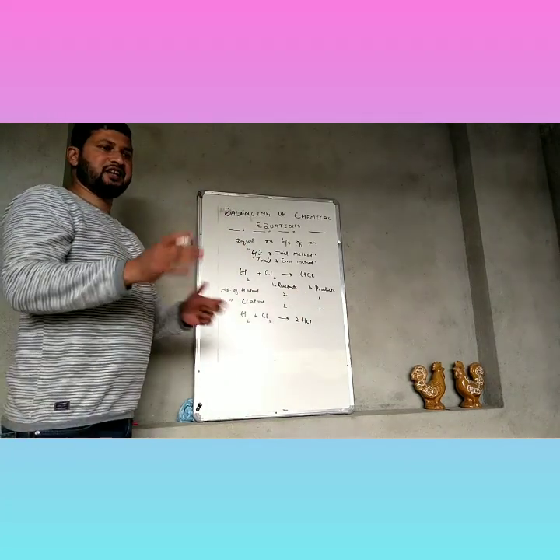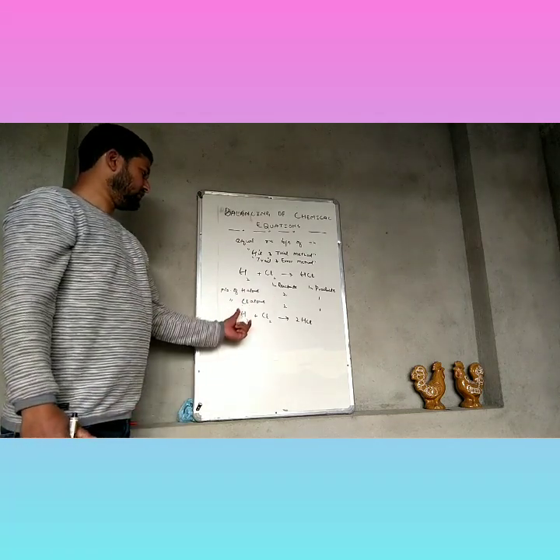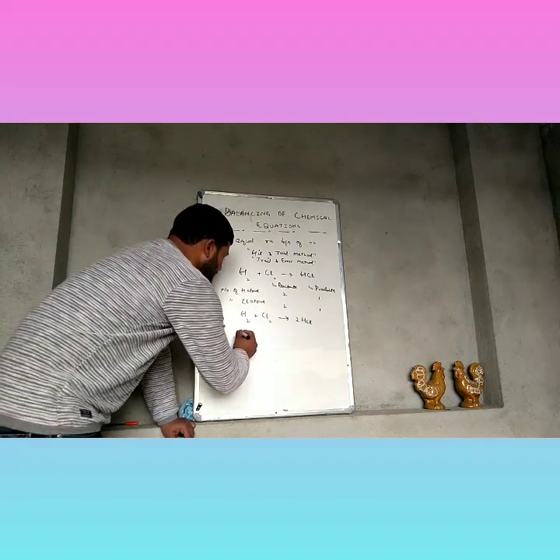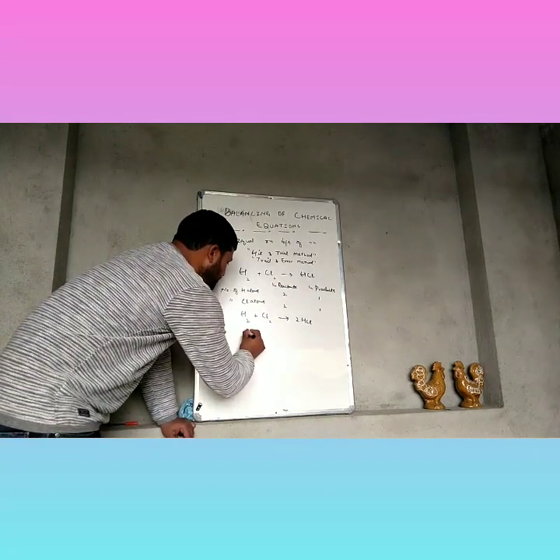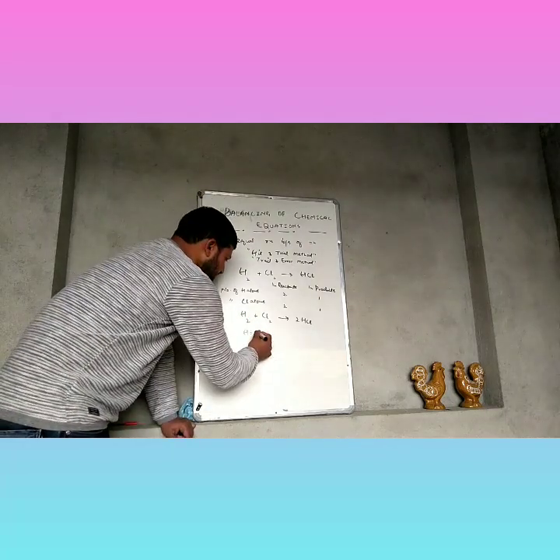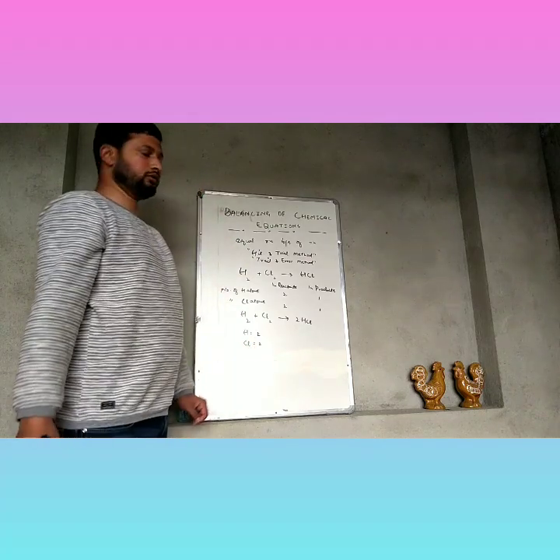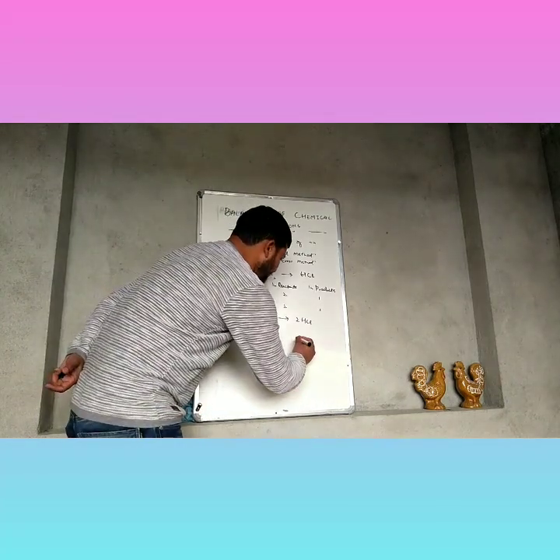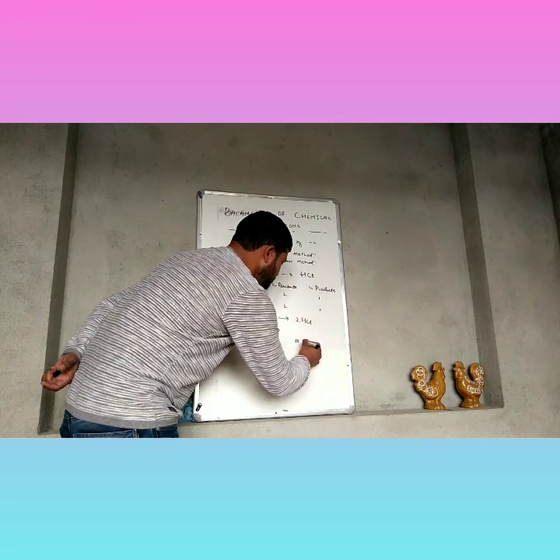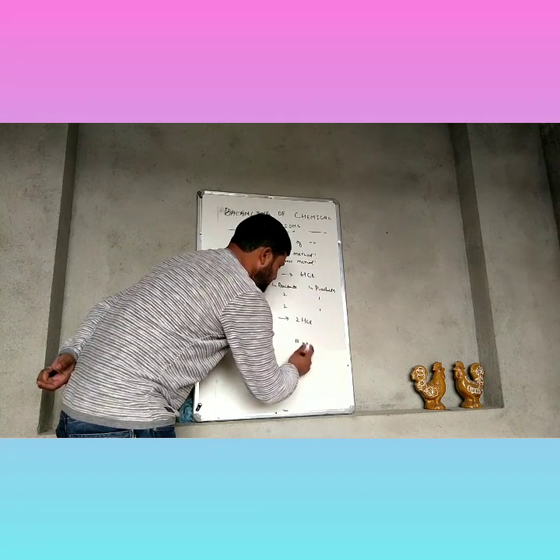Now let's again count the number of different atoms in both reactants and products. Here, the number of hydrogen atoms on the reactant side is 2. The number of chlorine atoms is also 2. And on the product side, the number of hydrogen atoms is now equal to 2, and the number of chlorine atoms is also 2.